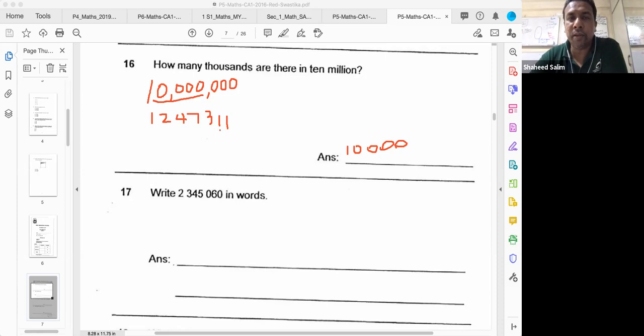From tens is here, so you underline from here to here. So the answer is 124,731. If they ask you how many 100,000 are there, so ones, tens, hundreds, then 1,000, 10,000, 100,000, then underline. 12. That's how you do it, okay?